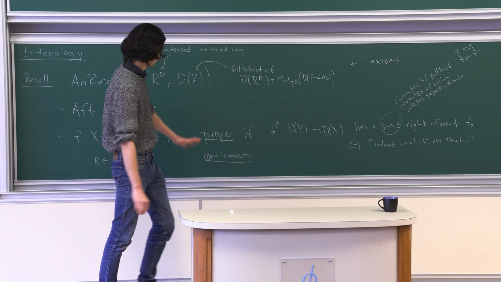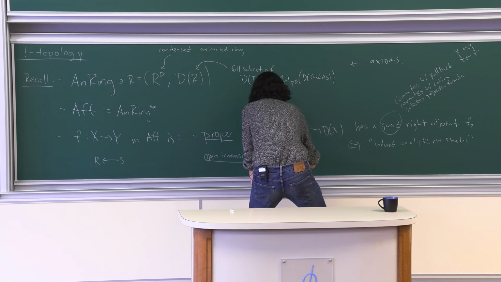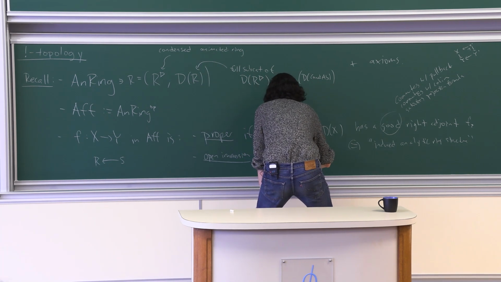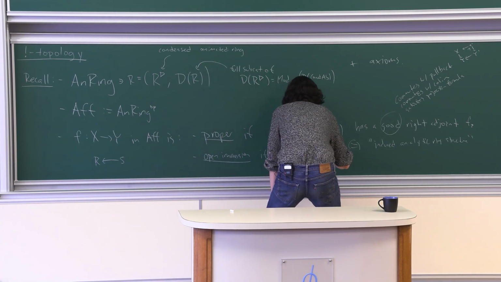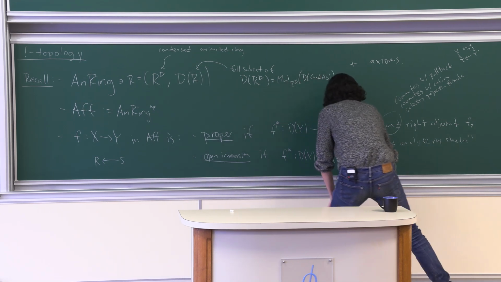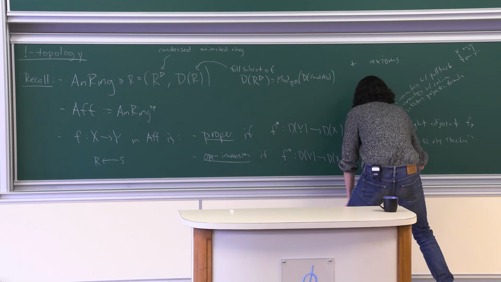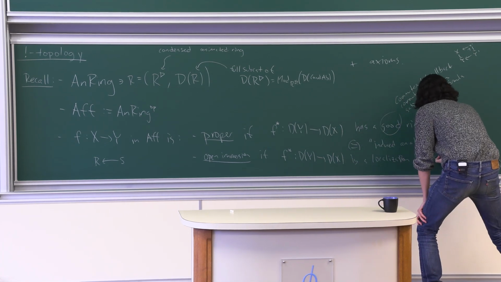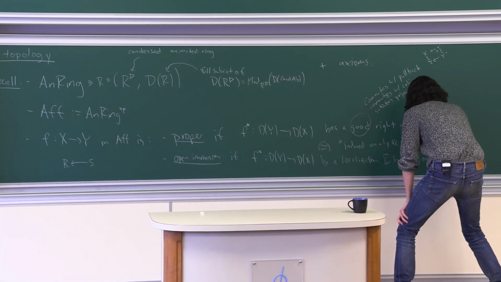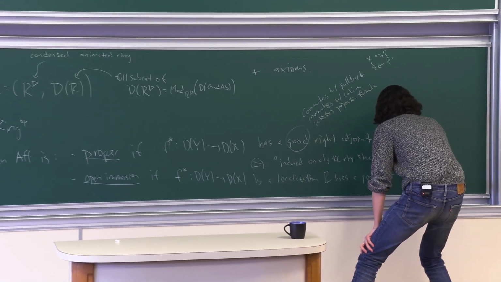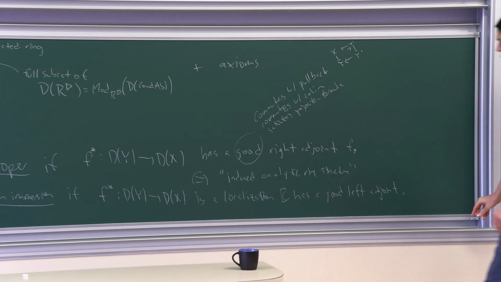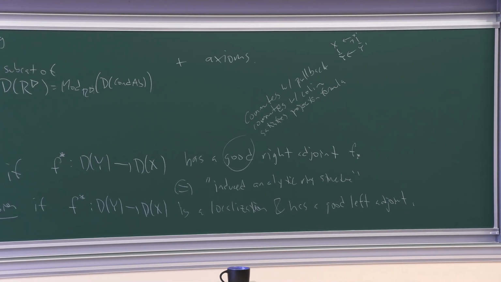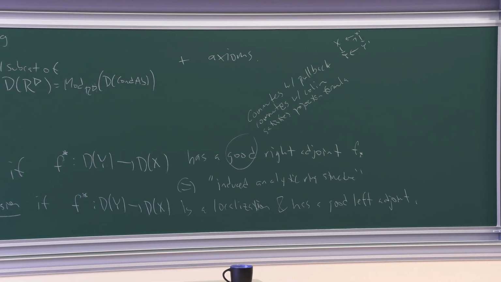So it's an open immersion if f upper star from D of y to D of x is a localization and has a good left adjoint, where good is taken in the exact same sense as before.